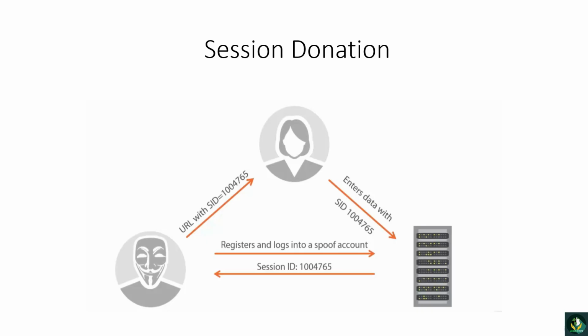Just to make this clear, here we go. Let's start with an attacker, and the attacker registers and logs into the spoof account. Again, the spoof account is an account that looks like it should be owned by the victim, and then the attacker gets back the session ID.